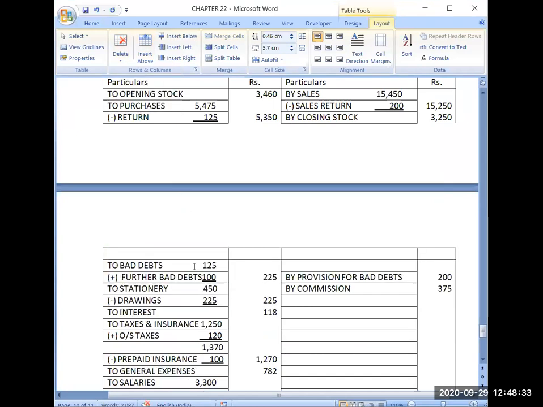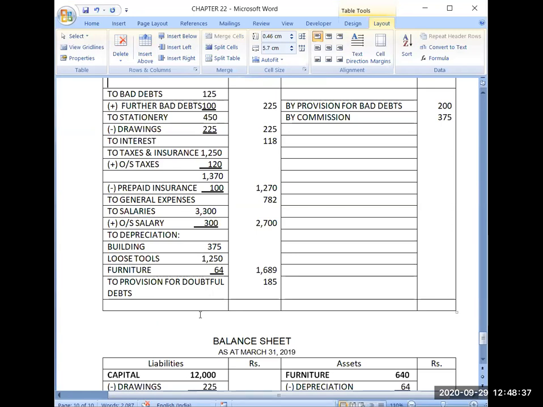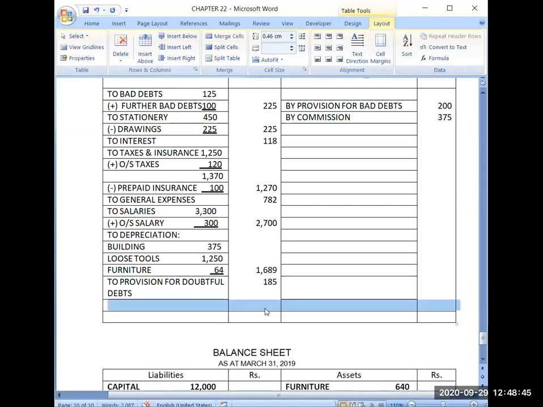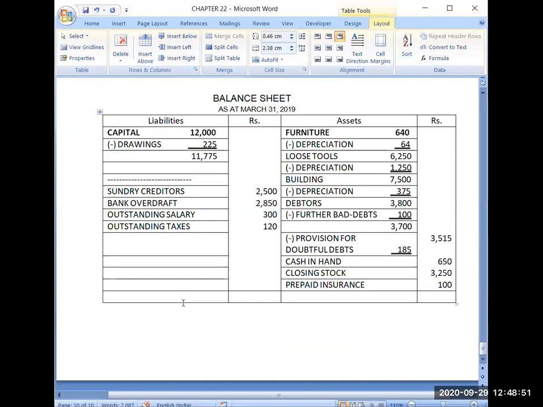So I don't need these rows, and that has been completed. So I need one row here. Insert. For net profit, I will need here. Then this is fine.